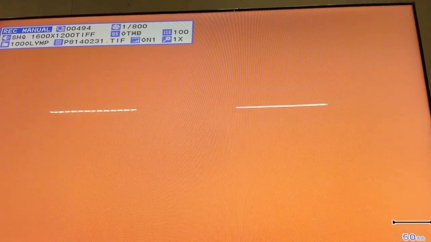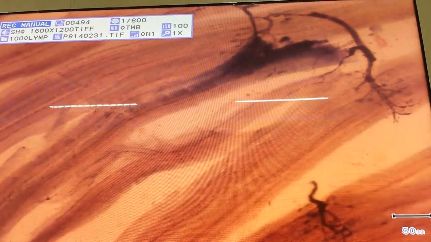So this is the motor end plate. What are these structures? So we look into them. These are skeletal muscle striations.